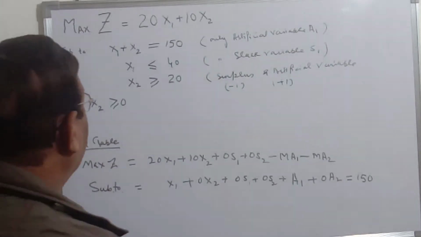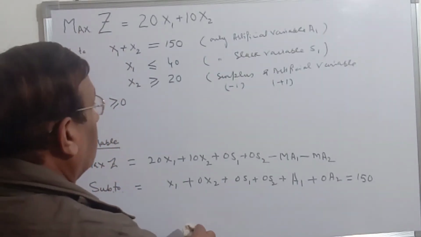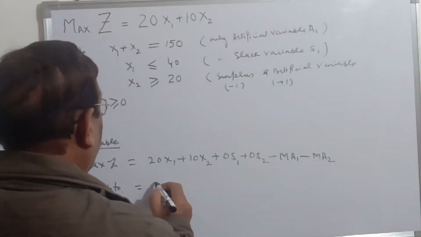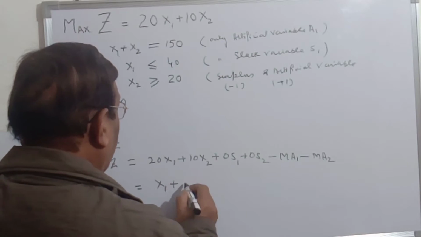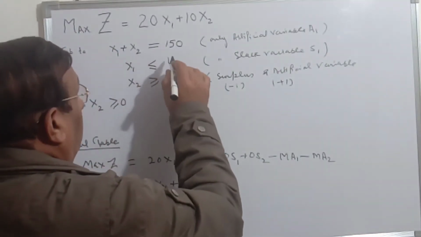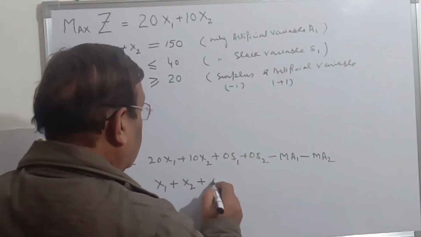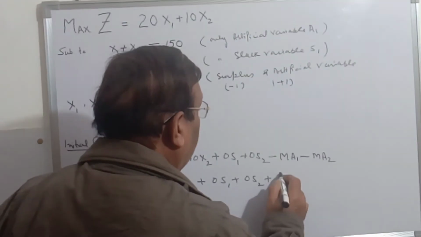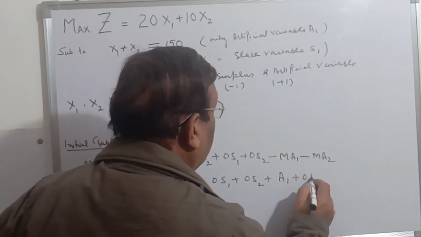This is the second equation. First equation is, subject to x1, x2, this is equal to only a1 plus 0s1 plus 0s2 plus a1 plus 0a2.